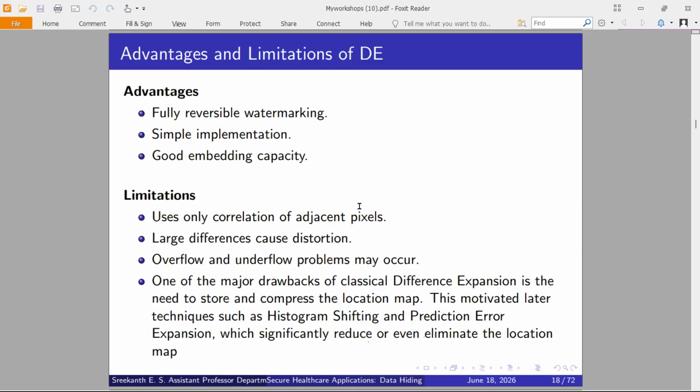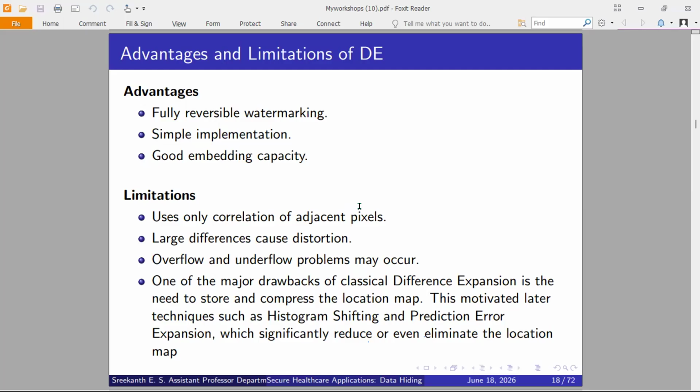But there are some problems. We should define the correlation of adjacent pixels, because in reversible data embedding, we should take care of the quality of the output image. If the difference is very large, the corresponding marked image pixels will also change greatly. So the PSNR, that is peak signal to noise ratio, of the resulting image will vary.